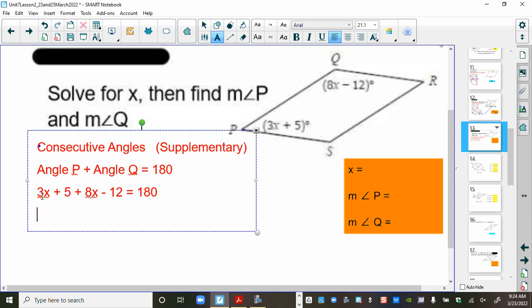So in this case, what terms can we combine? Oh, you got to hurry up. You're there and back. Whatever you miss, you got to get from a neighbor. So what do we have to do? What terms can we combine? 3x plus 8x.